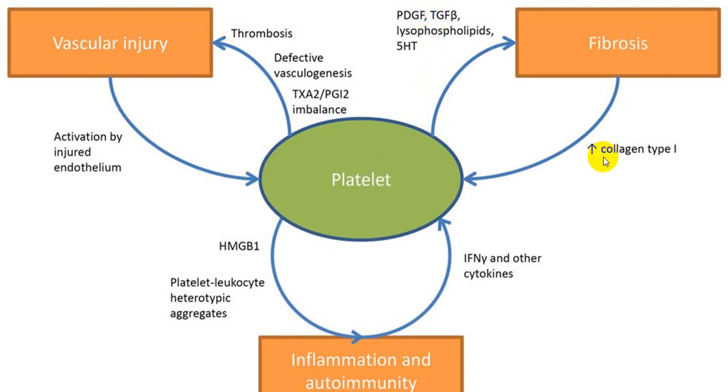Fibrosis will increase collagen type 1, which will again activate platelet factors and platelets. Also platelets will activate leukocytes, which will increase inflammation and autoimmunity, which will release cytokines and produce again a damage. So these are multiple factors: vascular injury, fibrosis, inflammation, and autoimmunity. And platelets play a very, very major role in that.